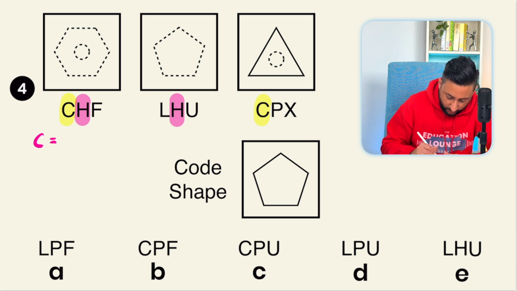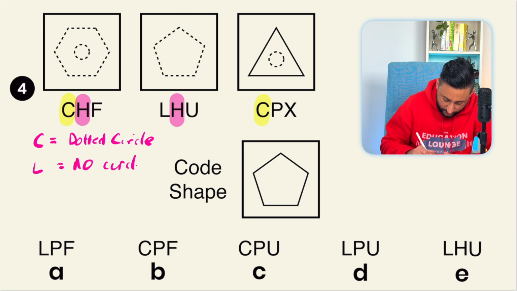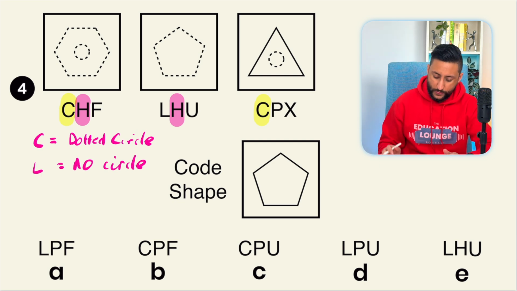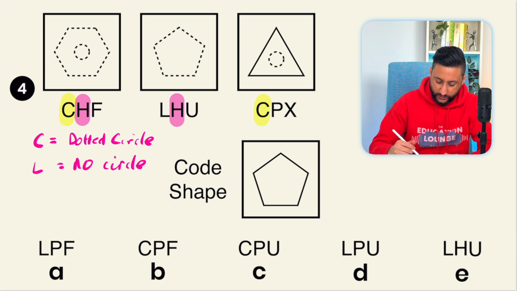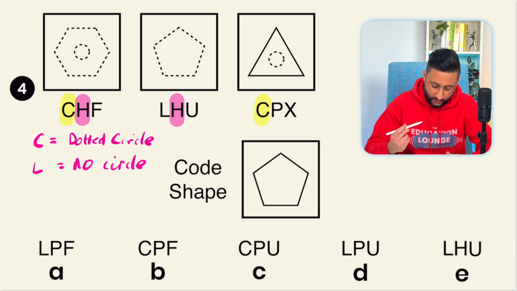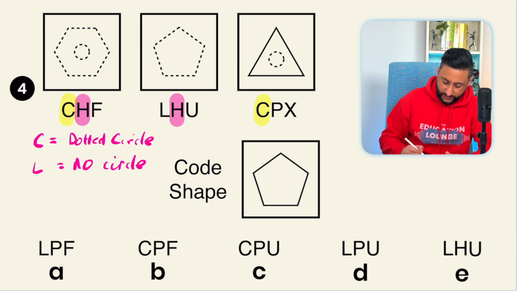You could say C equals dotted circle, L equals no circle, and you could make a list of all the different meanings of the codes. I'm going to transfer this straight into my question while it's fresh in my mind. We have a question that our code shape has nothing in the middle, so that's going to be L. Anything that doesn't begin with L we get rid of.